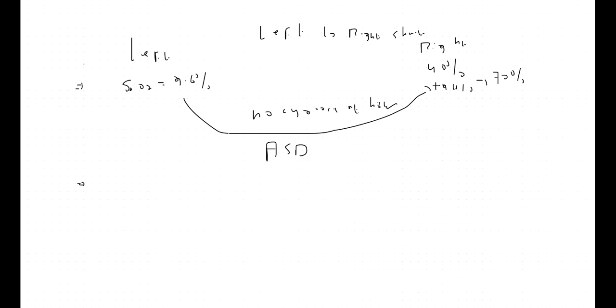So atrial septal defect is the failure of septum primum or septum secundum to form.